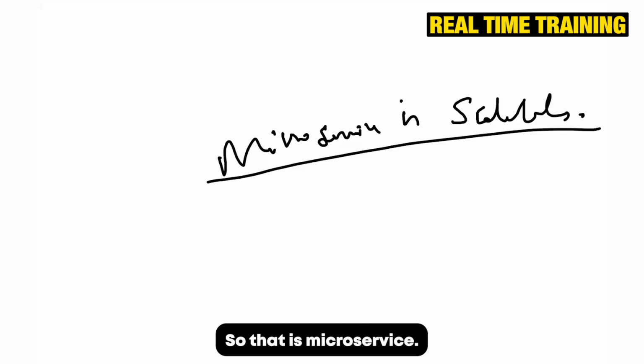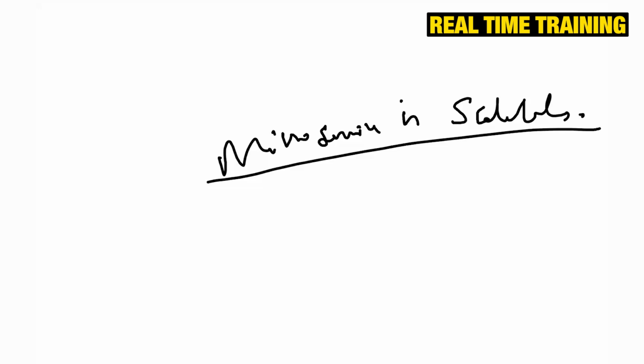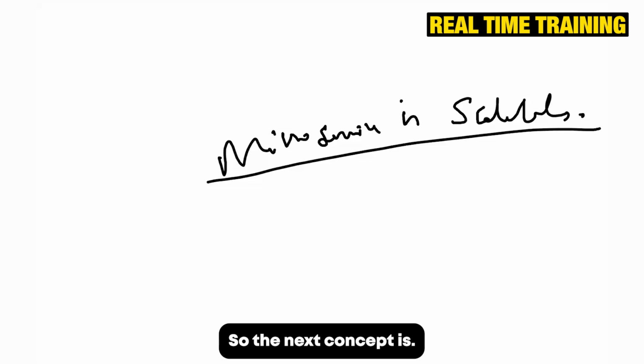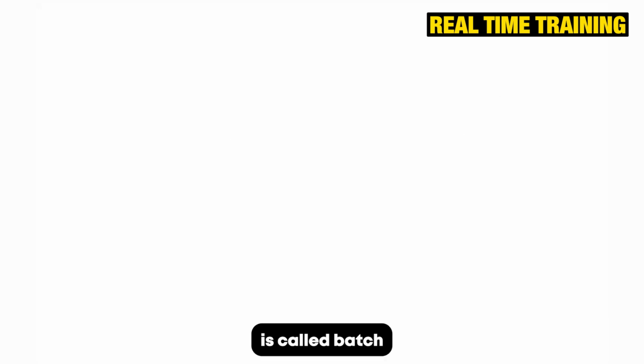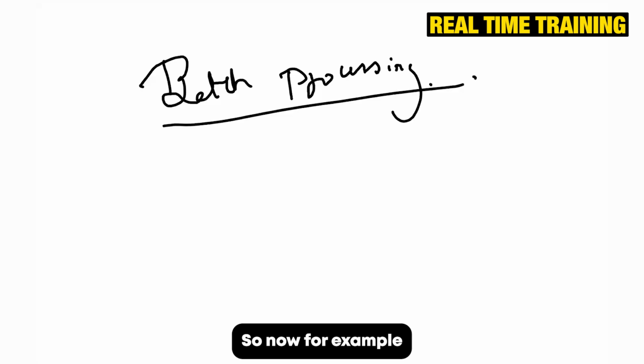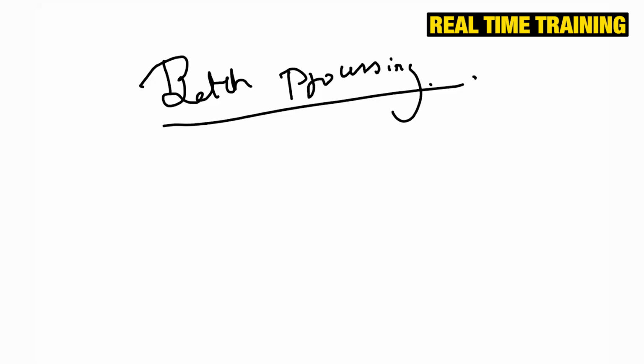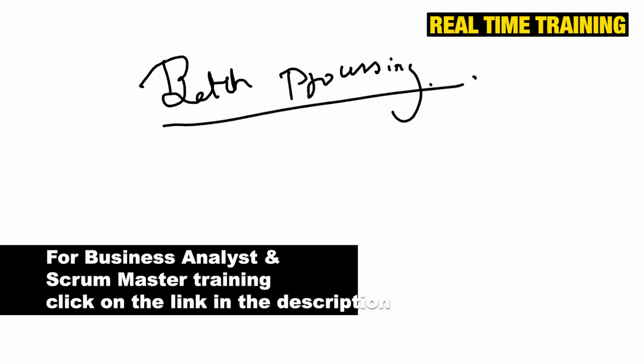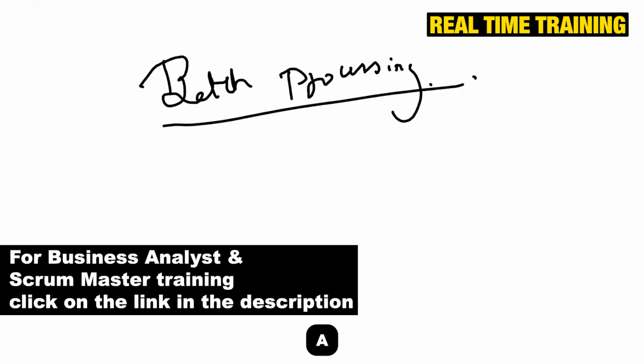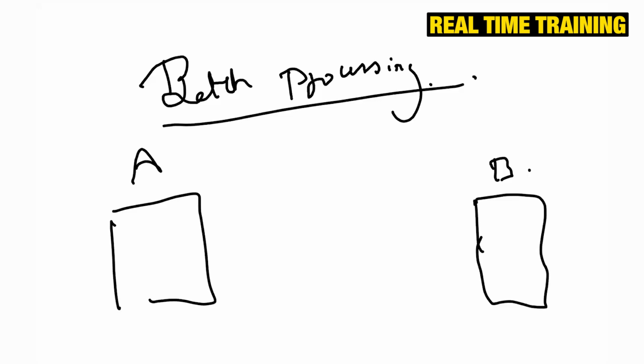Okay, so that is microservice. The next concept is called batch processing. Say there are two applications, application A and B. Let's assume A is a factory, the application that the factory management uses.